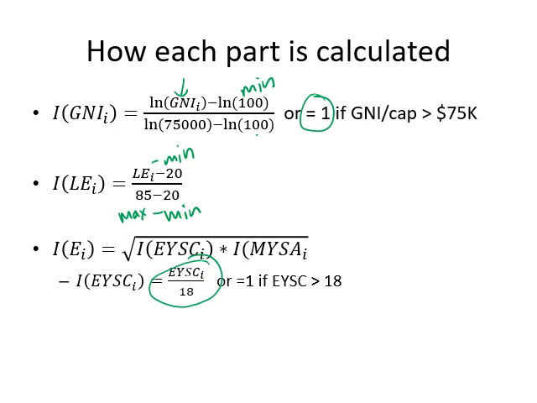If it goes above 18, they just give you a 1 and say good enough. Then the mean years of schooling is again based on the past. No country went above 15, so they just compare you to 15, since the maximum was pretty close to that.